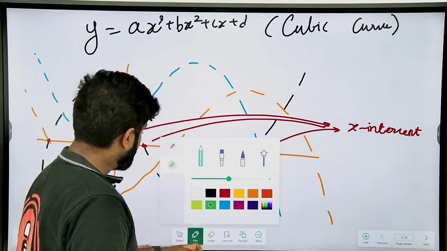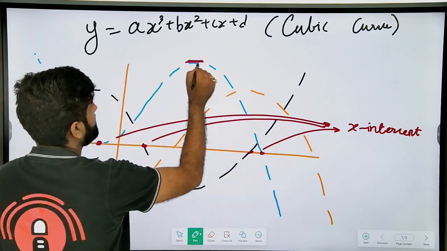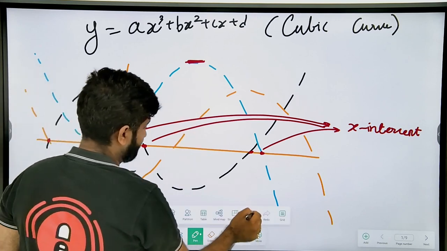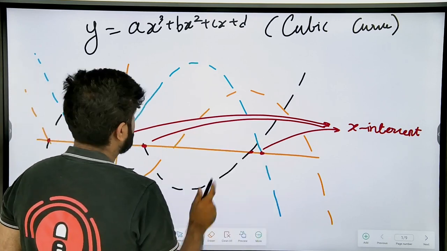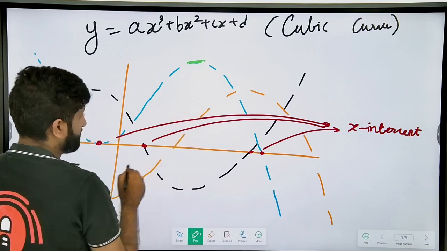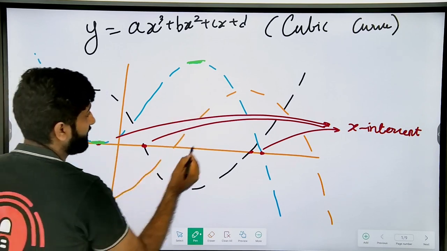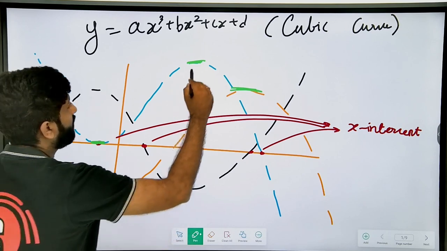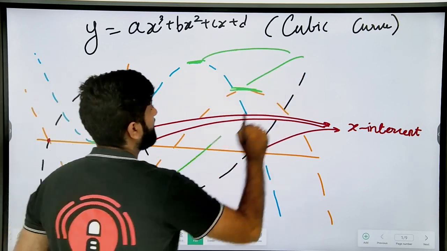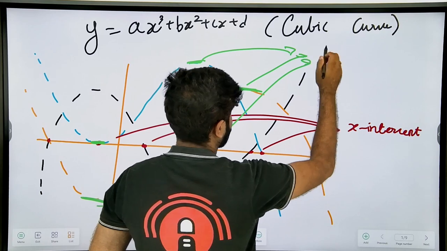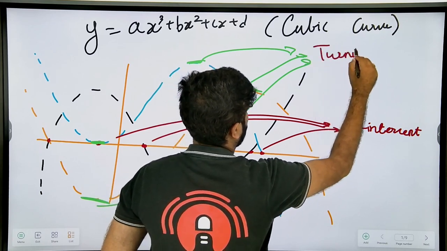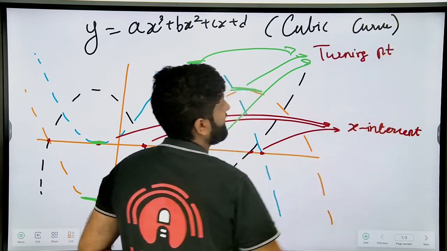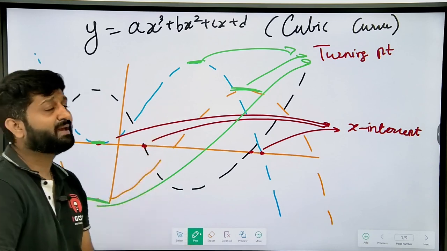What are the other important points? Let's say these 2 points. This one and this one, and even this one and this one. So, what are these points, guys? These points are my turning points, right? Why turning points? This is where my gradient is 0.